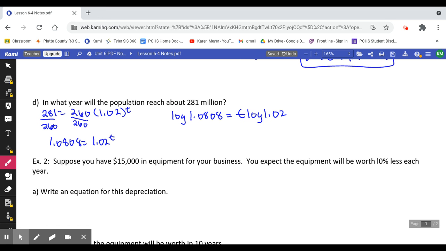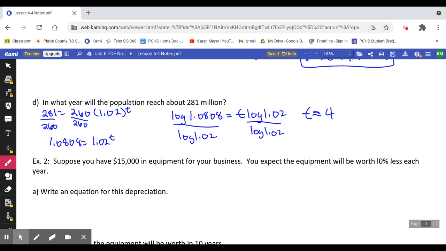Okay, and then if I want to solve for t, I just have to divide by log of 1.02. So then if I type that into my calculator, I get the time to be equivalent to about 4 years.